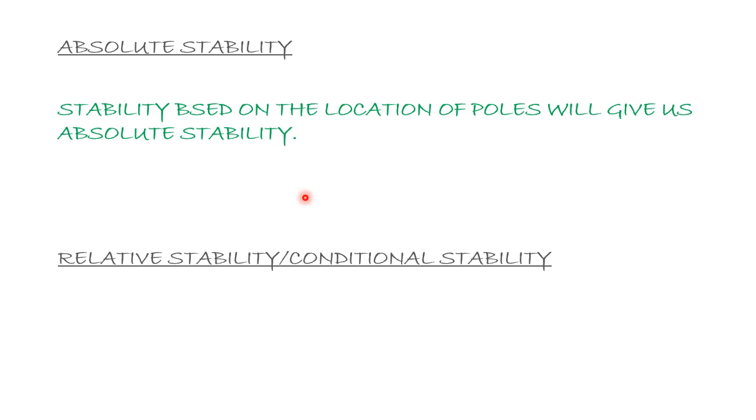It is based upon the analysis of gain margin, phase margin, etc. We will study these things later on. Here in this chapter we are going to discuss only absolute stability.